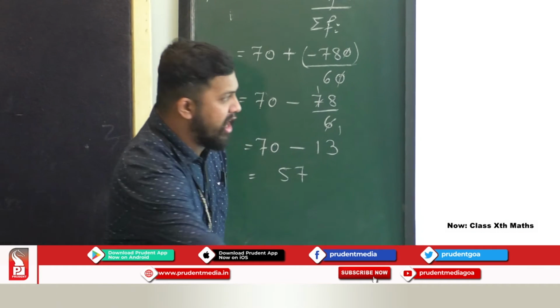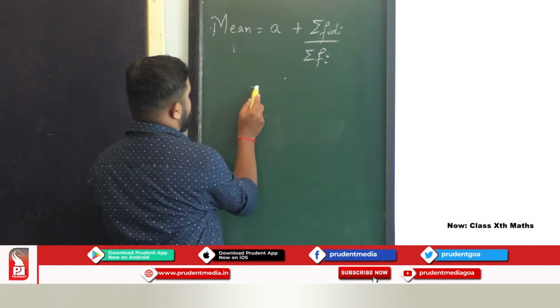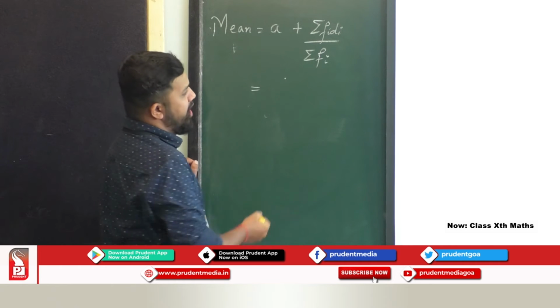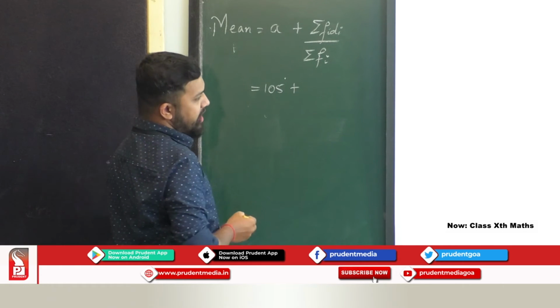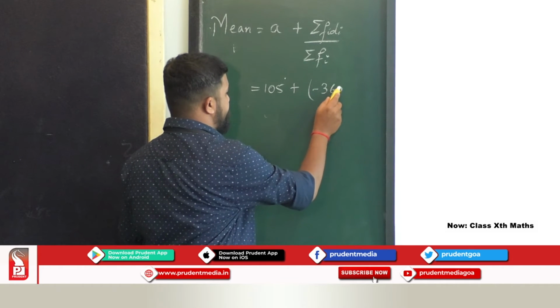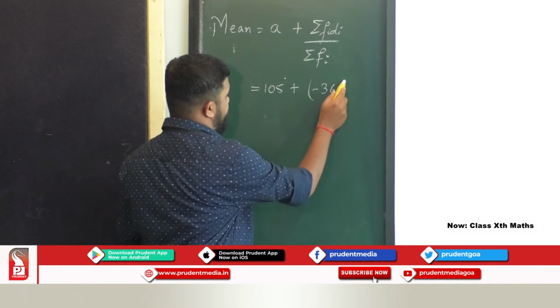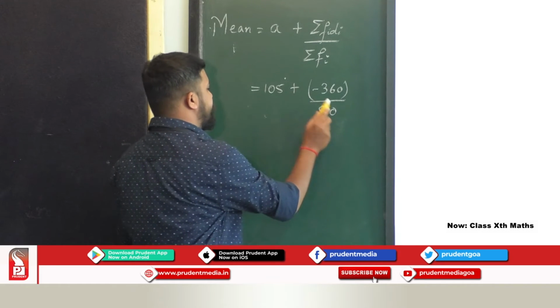Now let's find the mean. First we'll write down the formula. The formula is mean equals A plus summation fi di divided by summation fi. We'll substitute the values. A is 105, plus summation fi di is minus 360, divided by summation fi, which is 80.